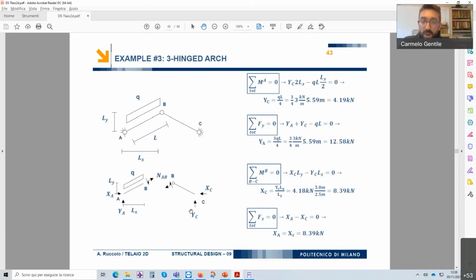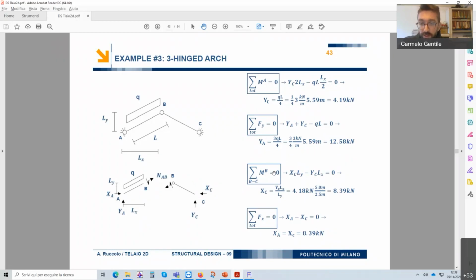We only have Yc, and we know Yc, and the lever arm of Yc with respect to B is Lx, so the horizontal span. Whereas we have also Xc, which has lever arm equal to Ly, because it is horizontal.